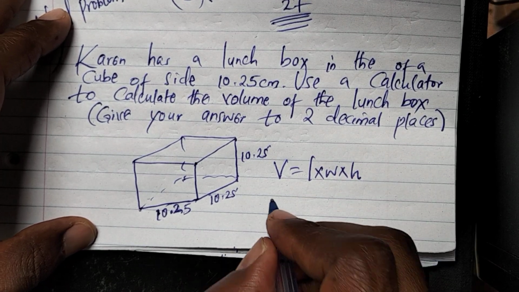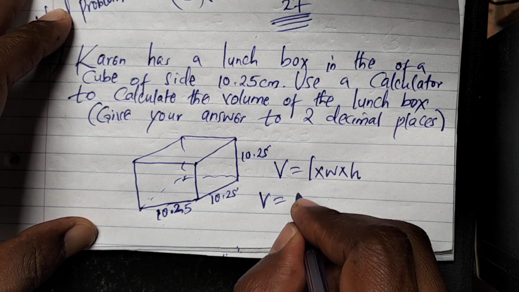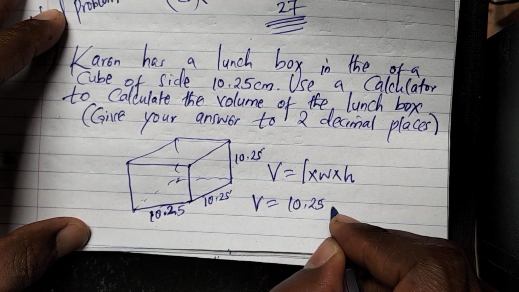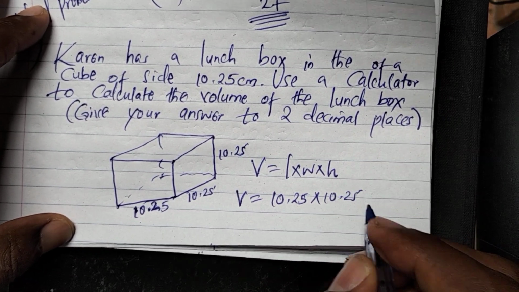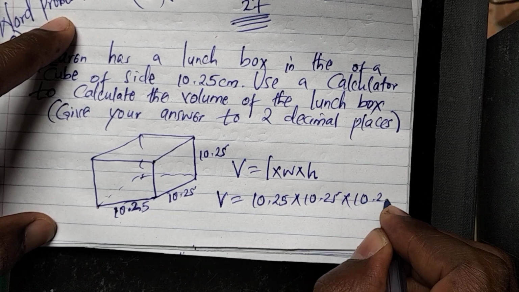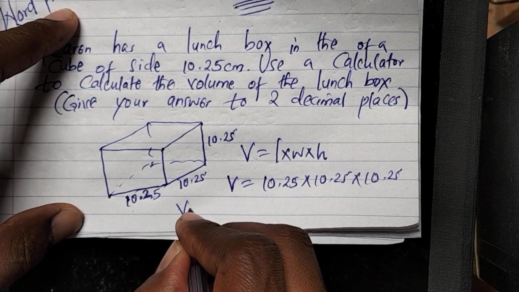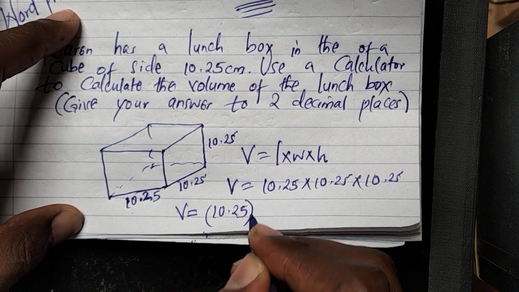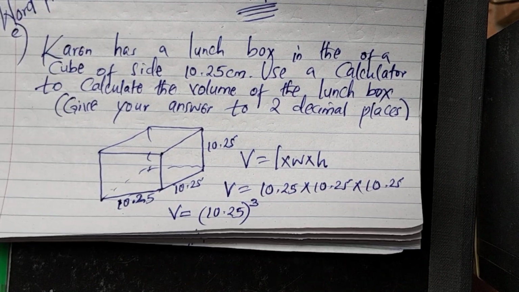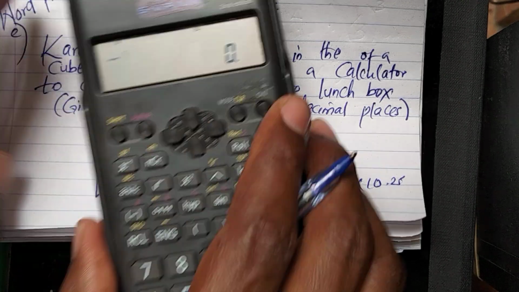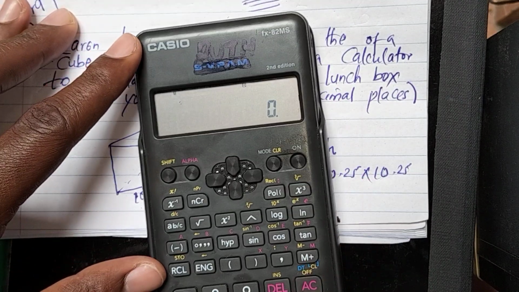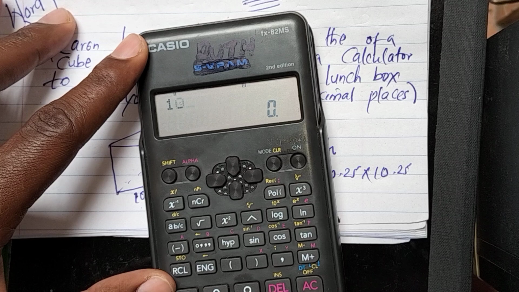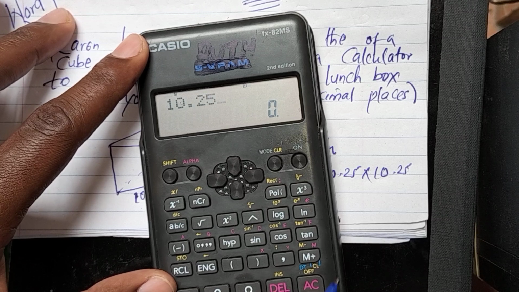So we use calculator, we are guided. We press in 10.25, key in, then cubic, and we write is equals. We press is equals. We shall get 1076.890625.